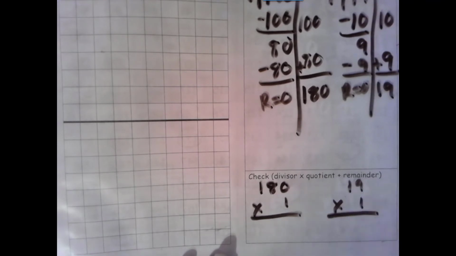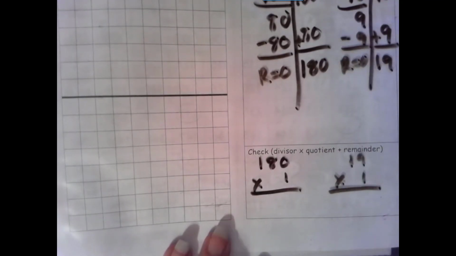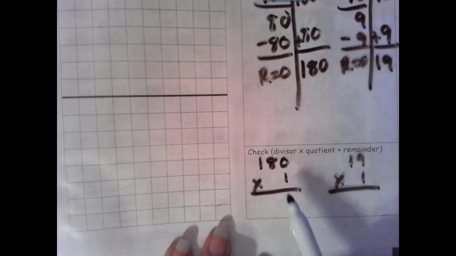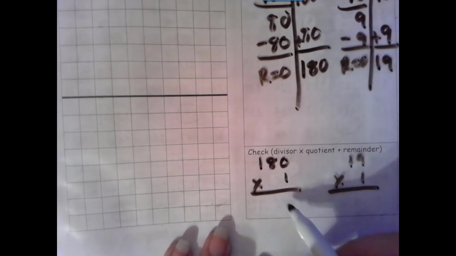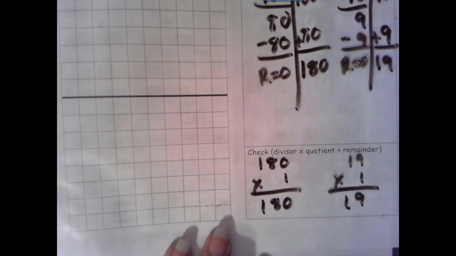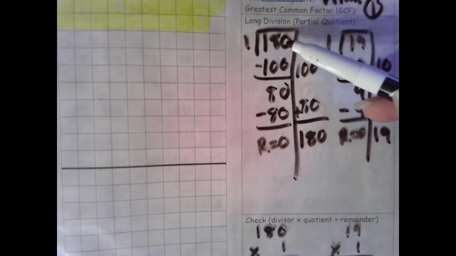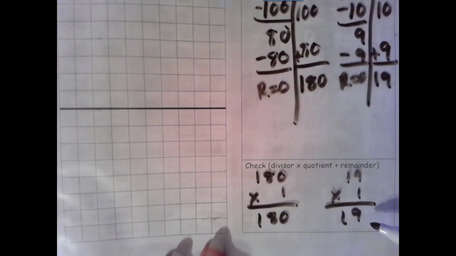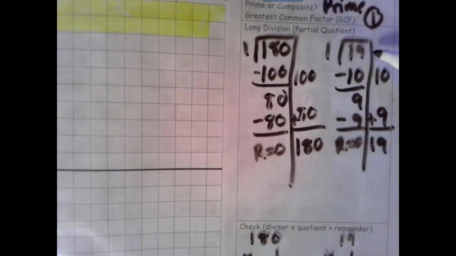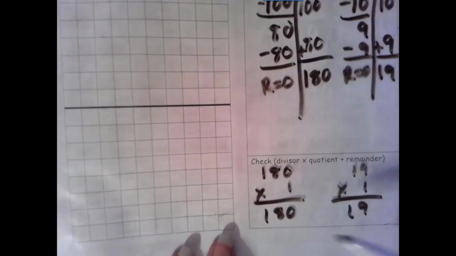But what we end up with here, and why the groups of 1 work for division, is that we have the identity property of multiplication, which says when you multiply by 1, it stays the same. Okay, so 180 matches my dividend up here. 19 matches my dividend up here. So they check.